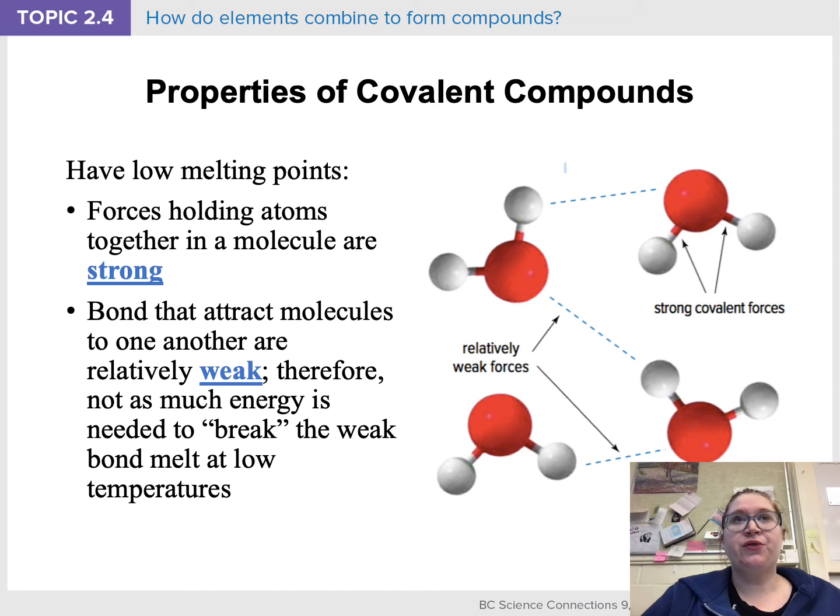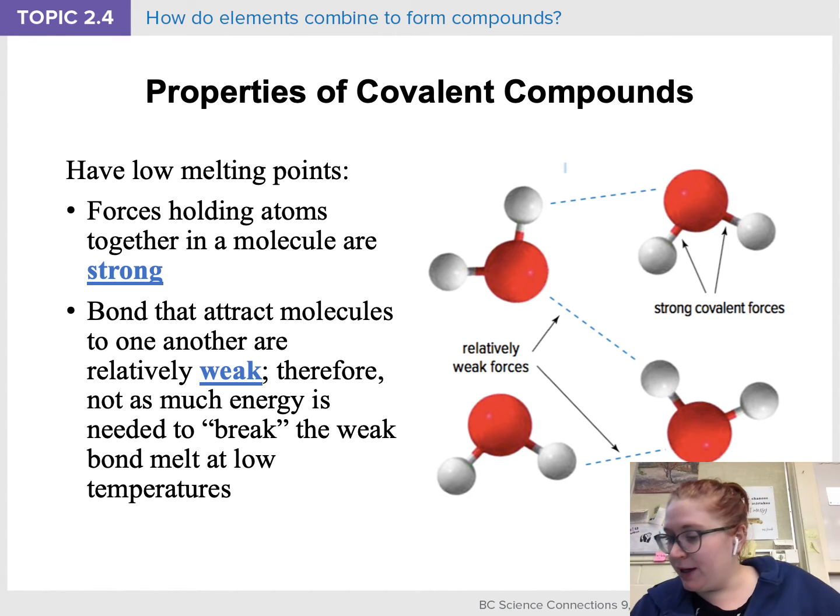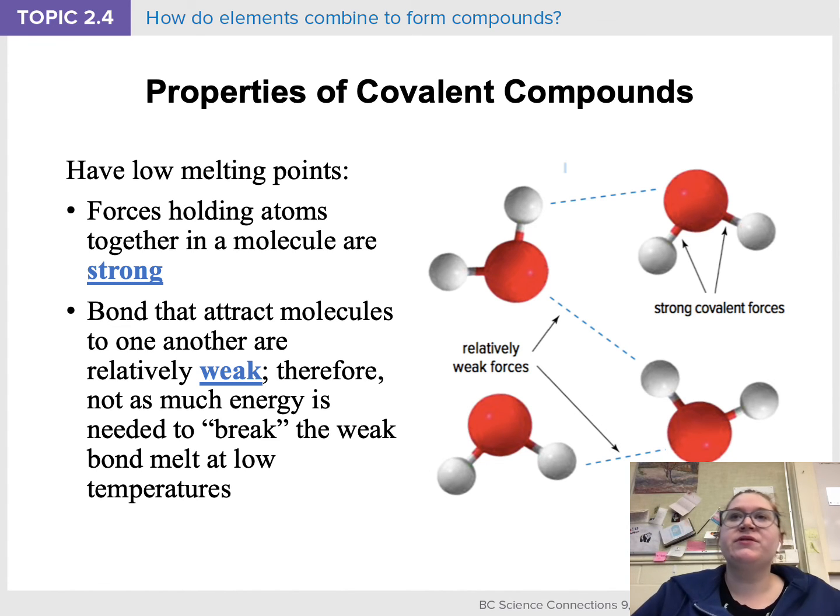So last thing to go over here, there are a couple extra slides in your handout. That's okay, they're just there for you to read if you need it. But skip ahead to number 18, properties of covalent compounds. So covalent compounds have low melting points. The forces holding atoms together in a molecule are strong. So these bonds between the hydrogen and oxygen are really strong.